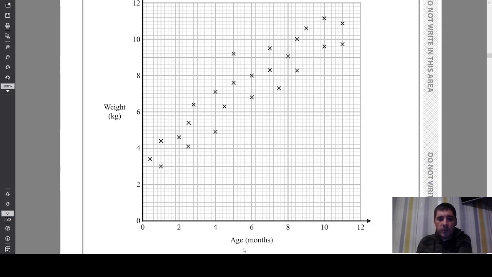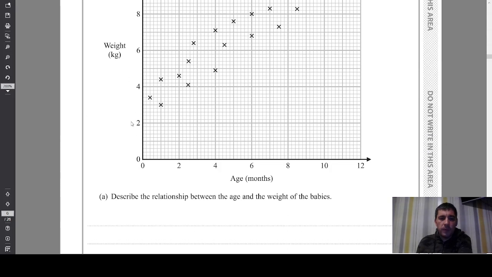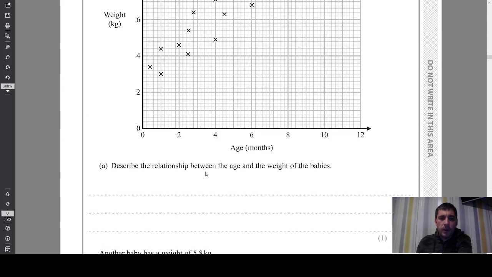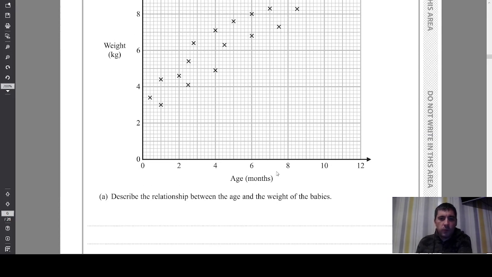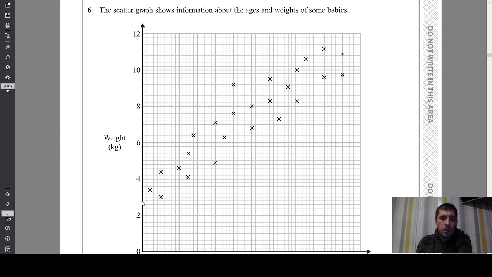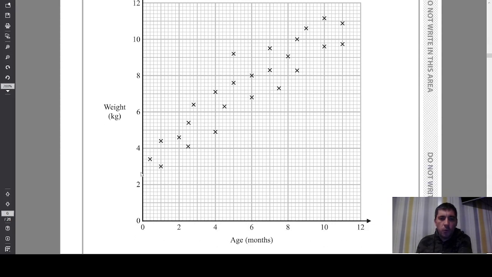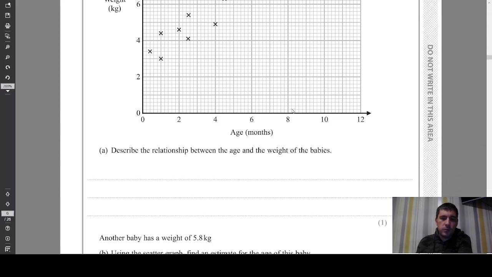Okay, so we've got age in months, and weight in kilograms. Describe the relationship between age and weight. Of course, straightforward: positive correlation, as we can check, the older the baby gets, the more weight it gains. So it's a logical question, just describe the relationship.